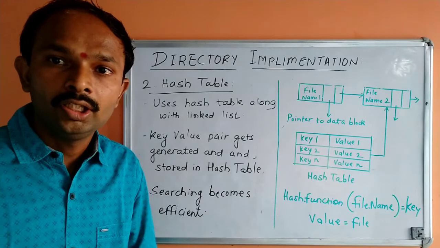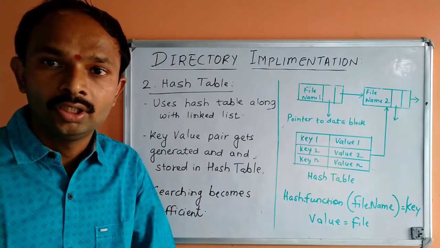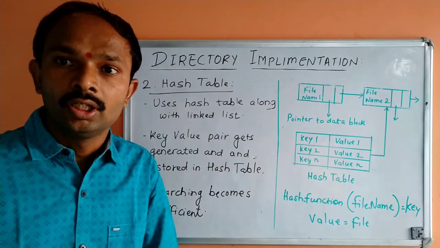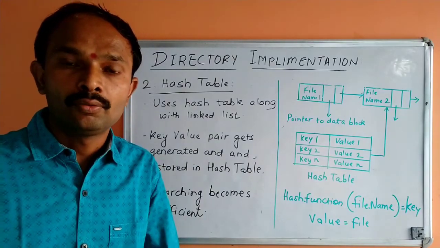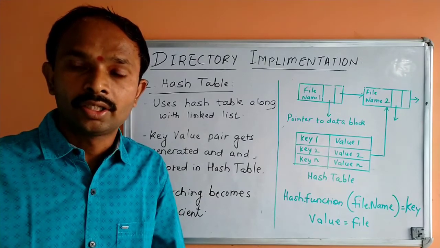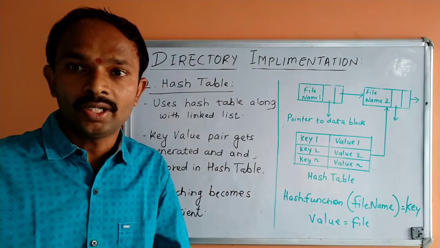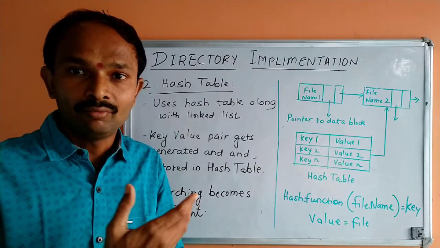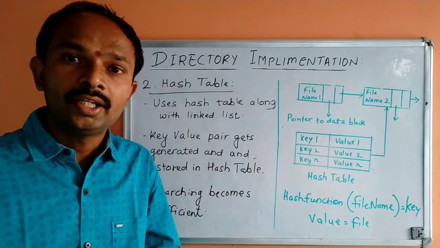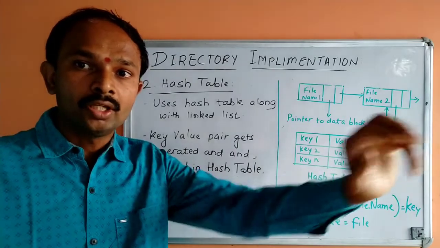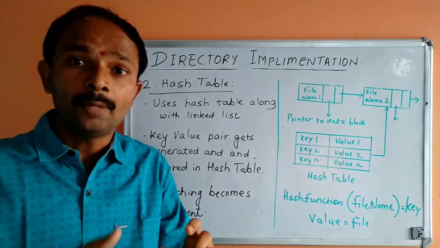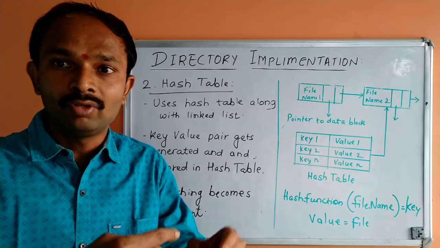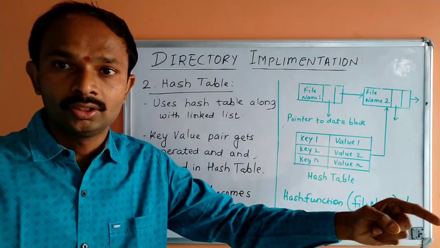In directory implementation, the hash table plays an important role, because in the linear list there was a problem of finding a file, creating a new file, or deleting a file, since it has to travel the complete list to tell us whether we can create, update, rename or delete that file.